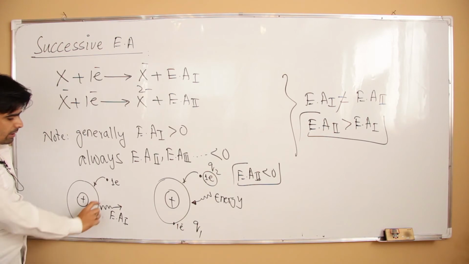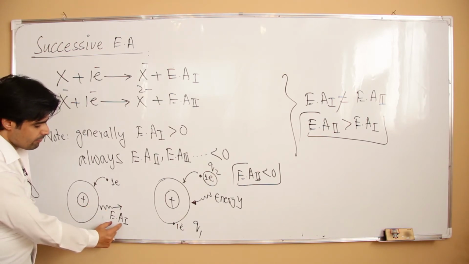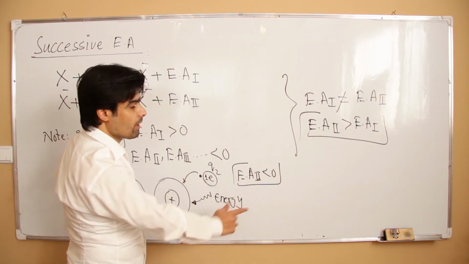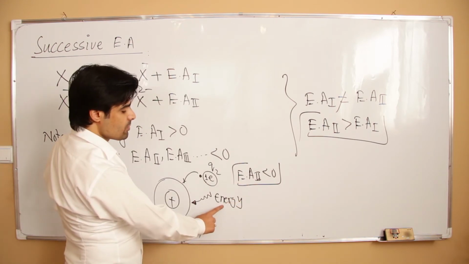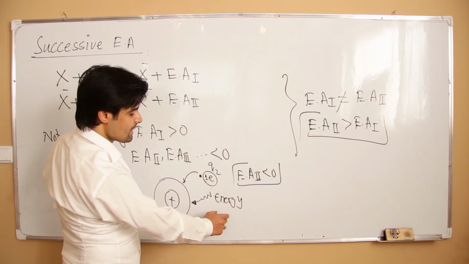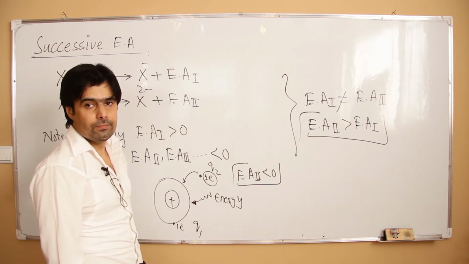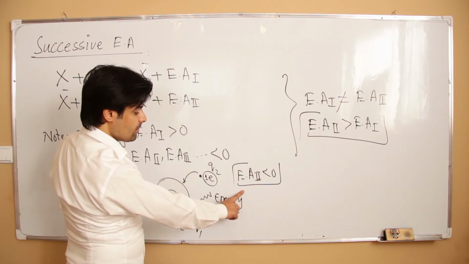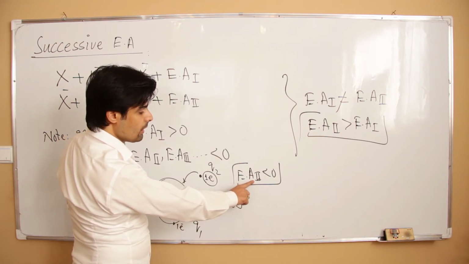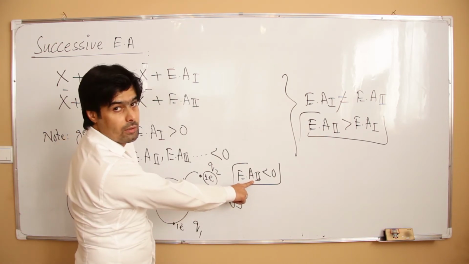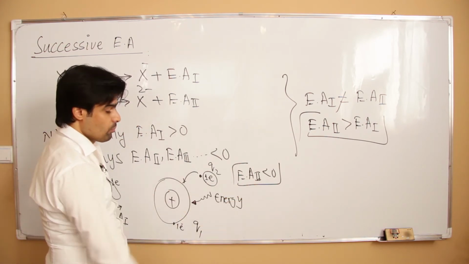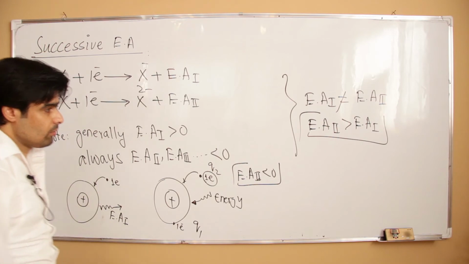It means if it released 5 kilojoule here, then here you are giving more than 5 kilojoule, maybe 5.1, 5.2, or maybe 6 or 7. Electron affinity third is more than electron affinity second. Why? Because it already has 2 extra electrons. I think you have got it.